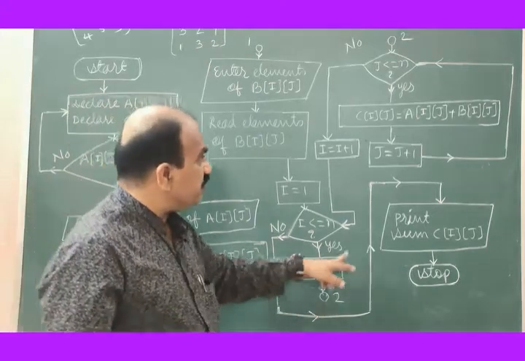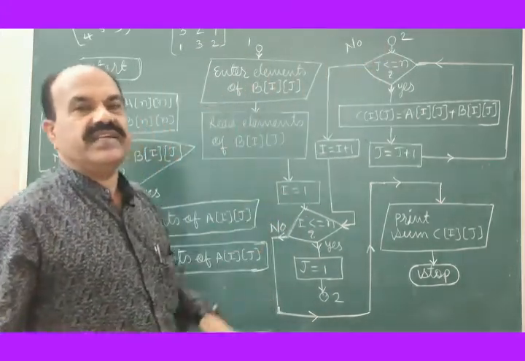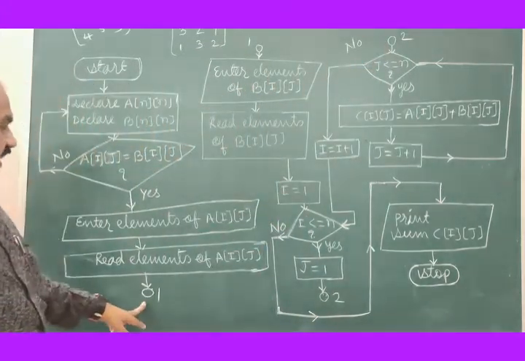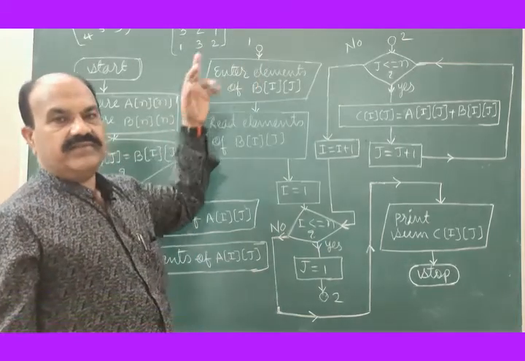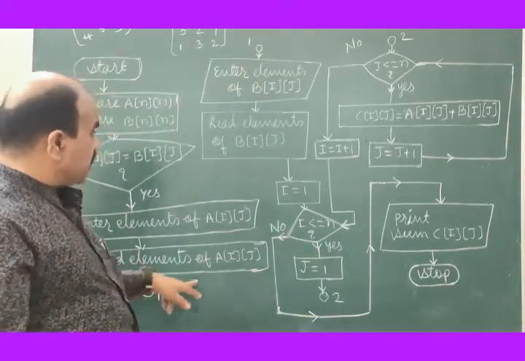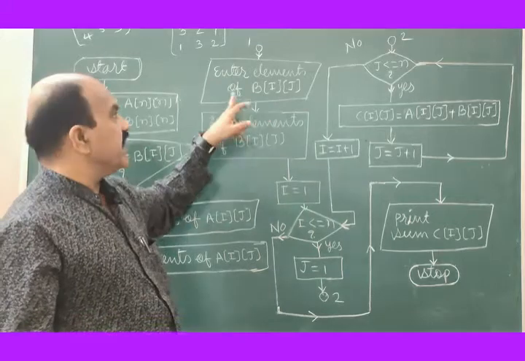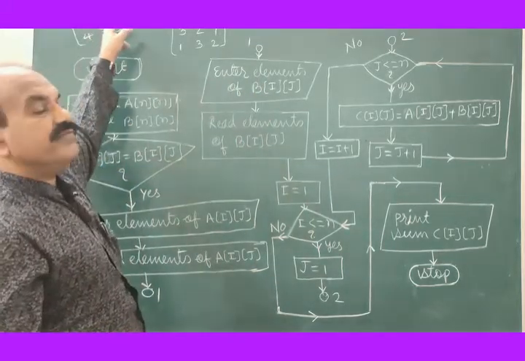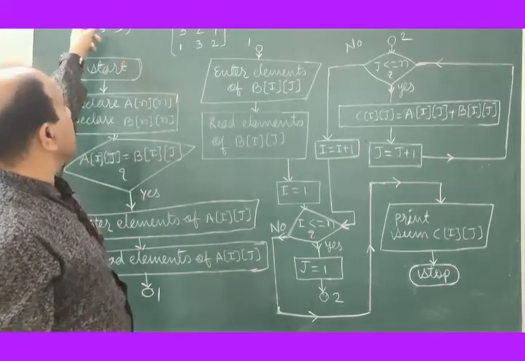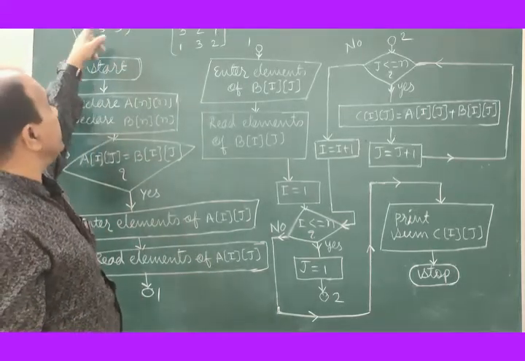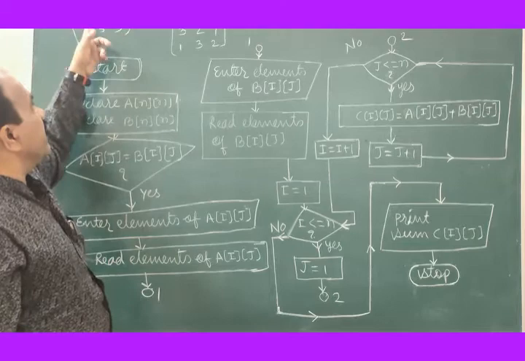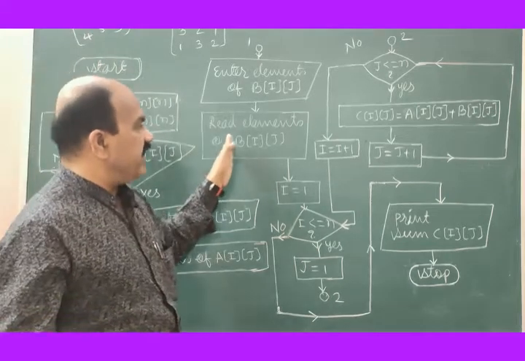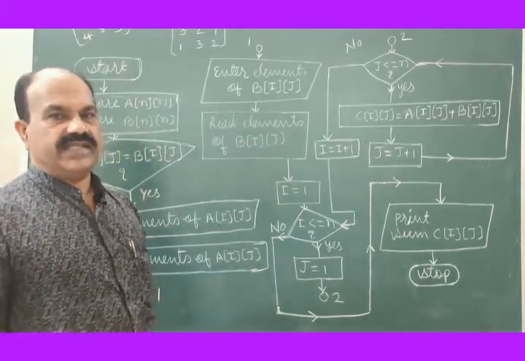This connector 2 is to be connected at this two connector. Connector 1, come to connector 1. This flowchart is continued here. Again enter elements of Bij, row wise 3, 4, 5, 5, 3, 4 and so on, and read this at the same time.